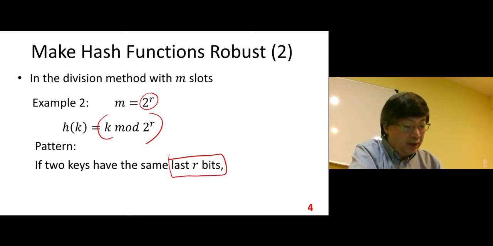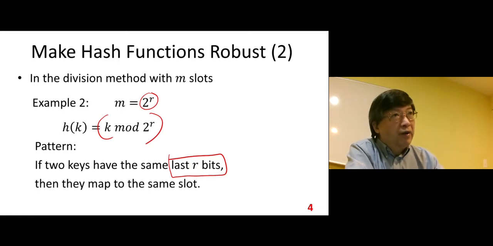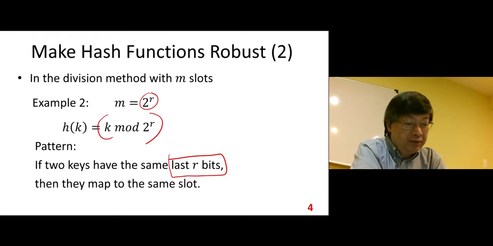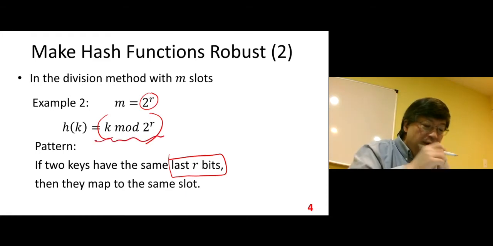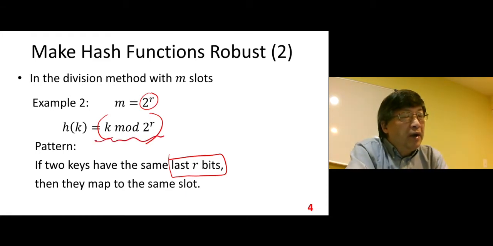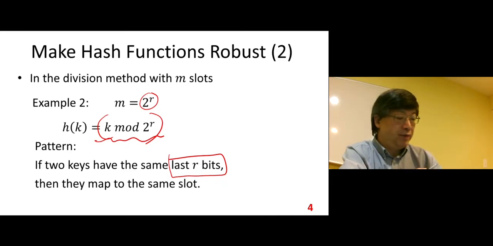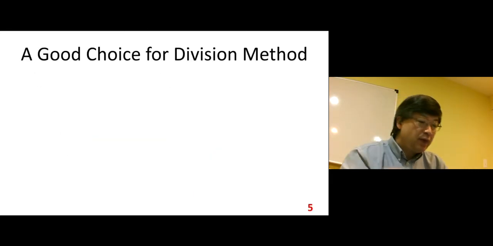For that special pattern, those keys will be mapped to the same slot based on this hash function. Then it's not efficient. Although we can handle that, the efficiency will be greatly reduced.